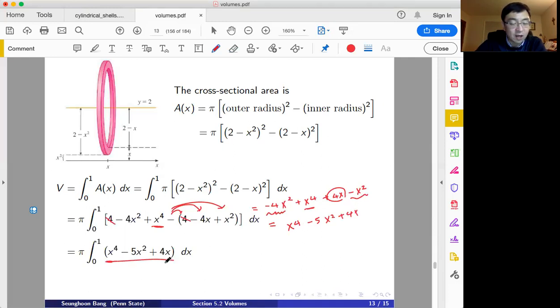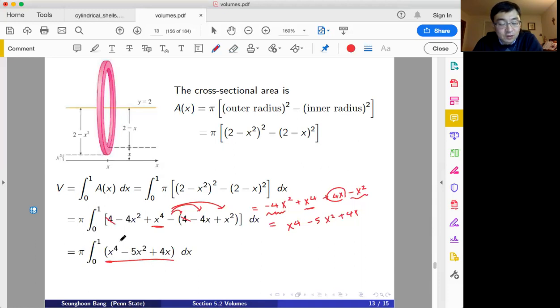Next, find the antiderivative. The antiderivative is the integral of x to the 4. Do you know what the integral of x to the 4 is? If you know this answer, could you write it on the chat board, please?